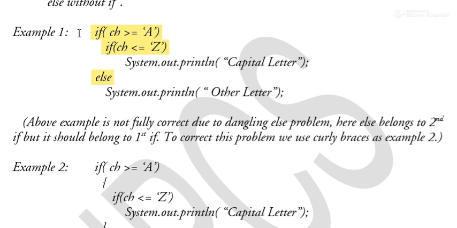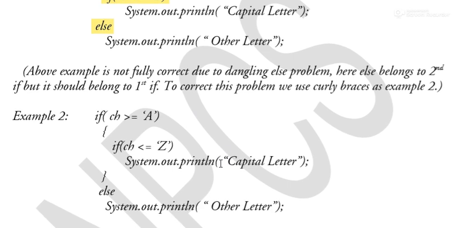So we have seen that there is a dangling else problem in example 1, and we can correct this problem by using example 2, in which we have applied proper curly brackets that specify the else belongs to the first if, because in example 1 the else belongs to the second if.